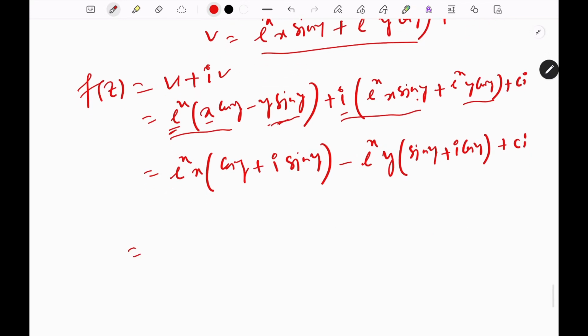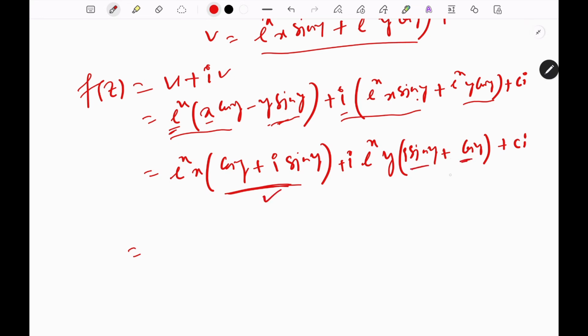Now see, since this is cos y plus i sin y, I have to convert this into cos y plus i sin y, so then I can take it common. For this minus 1 I can write i square, since i square is minus 1. Now I will take one i here, so this is again i square, and i square is minus 1, so this will be cos y plus i sin y.